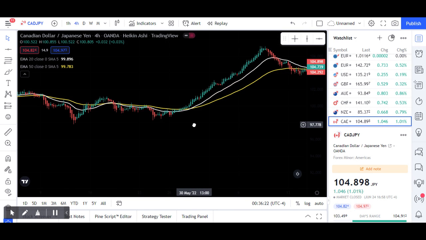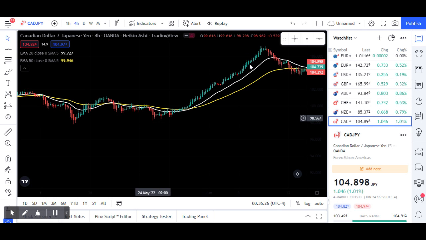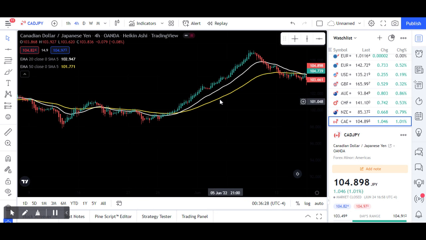So what you want to do is look for setups where this is a good example, so I'll just explain it with this. Setups where the price is above the EMAs, so there's space in between them.